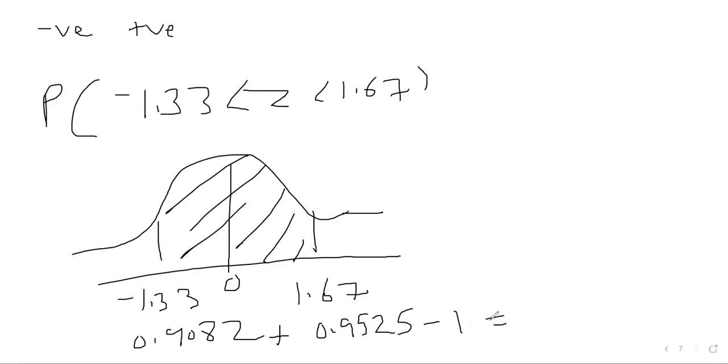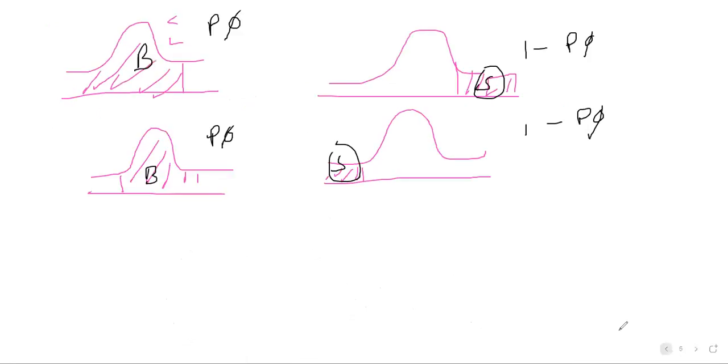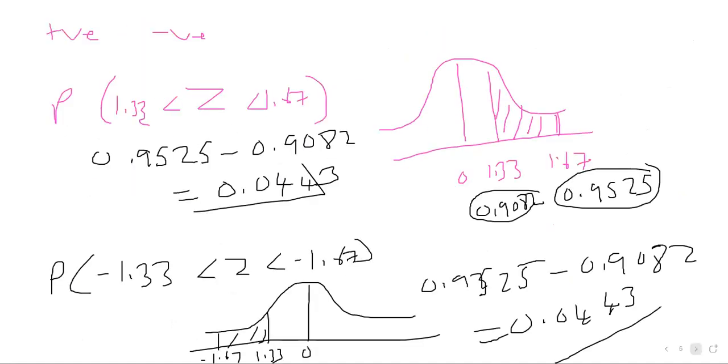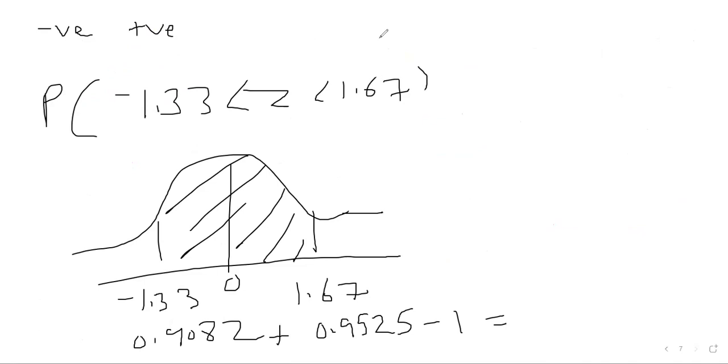Just a second on that. On the probability for negative 1.33, it's not what you have indicated there to say 0.9082. According to the table, it's showing 0.09176. Okay, I'll get to that.